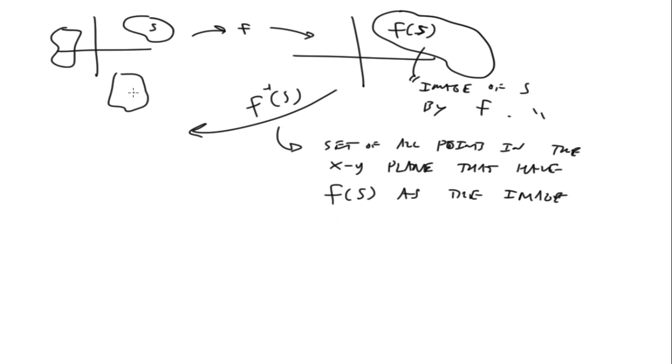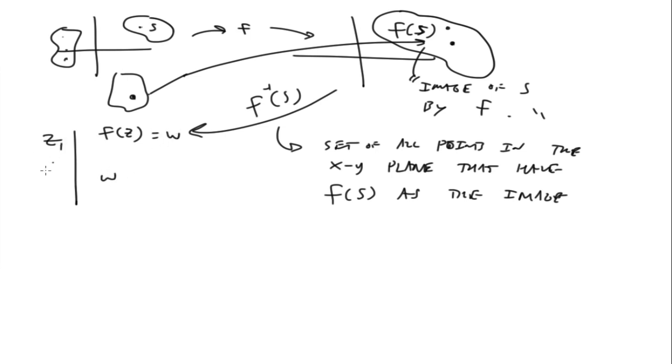Okay, so there could be a point here that does get mapped to here. So S, of course, has a point there that does go to somewhere over here. We've established that. But other points here could also go to the same point. And that we know, if I have z here, and this is f of z, and that's equal to w, we could have z1 and z2 both going to the same w.